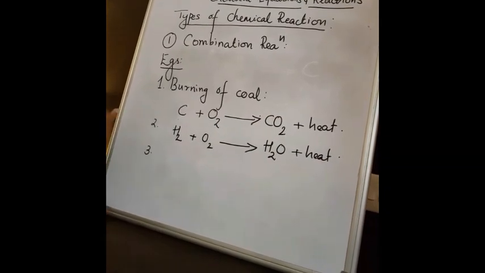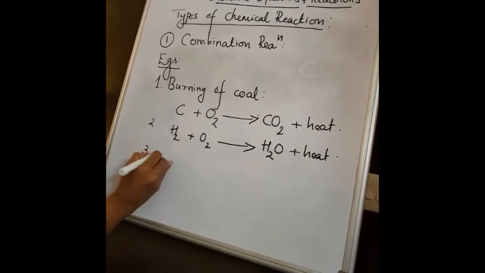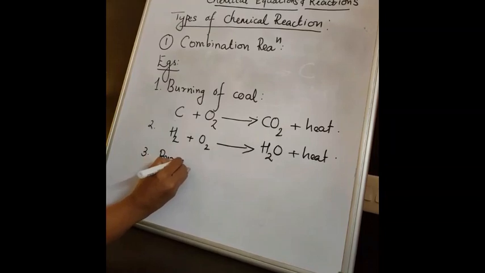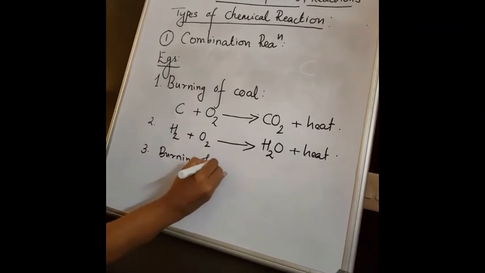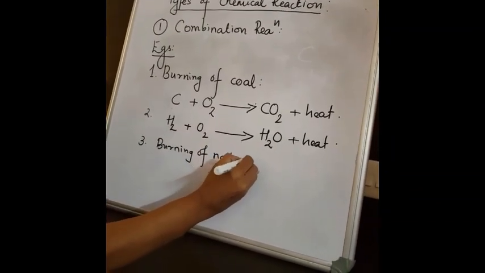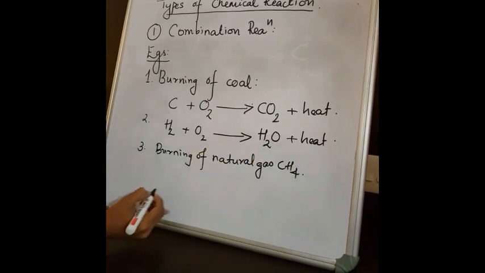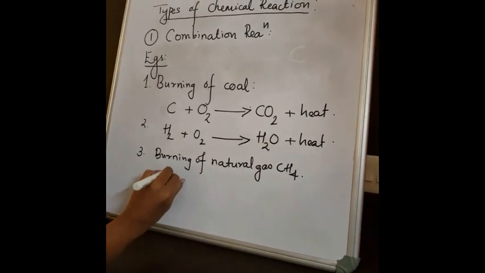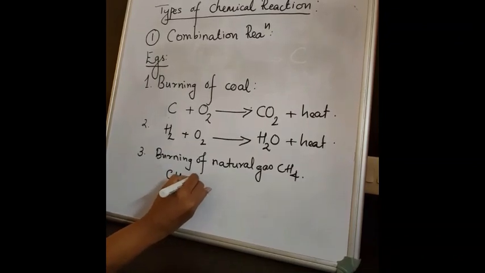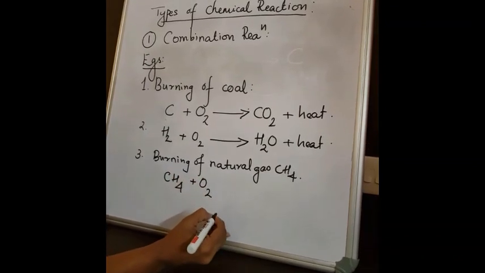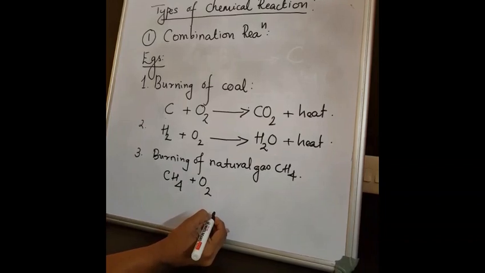Now, the third example, burning of methane. You know what methane is? Natural gas. Burning of natural gas. Natural gas is methane. Now, burning means reaction with oxygen. Combustion you say, right? Okay.